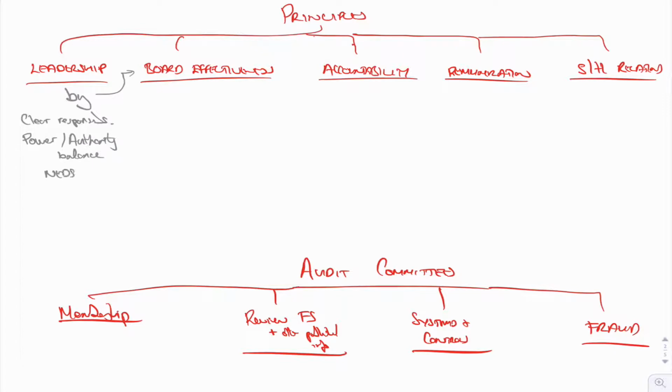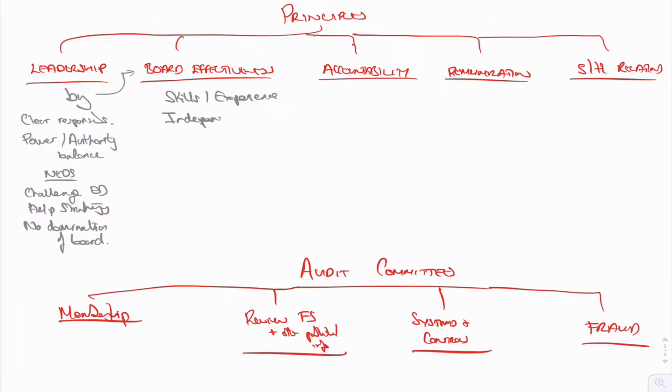In terms of non-executive directors, their job is to challenge the executive directors, to challenge the board, to help with strategy, okay, and to make sure that there's no domination of the board by either individuals or by a clique of directors getting together. In terms of board effectiveness then, you're looking for a nice blend of skills and experience at all times. You're definitely looking for some independence, some non-executive directors on there.